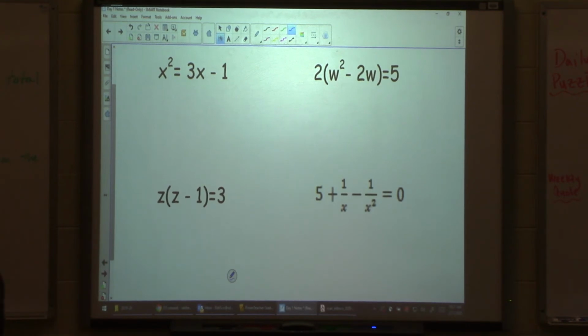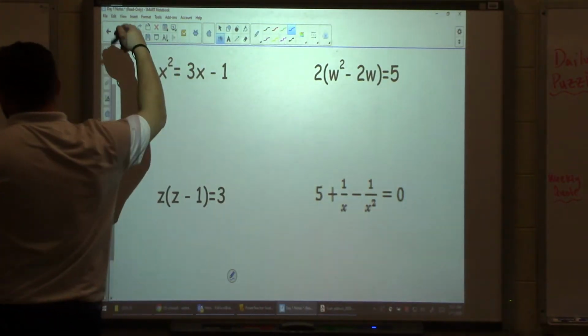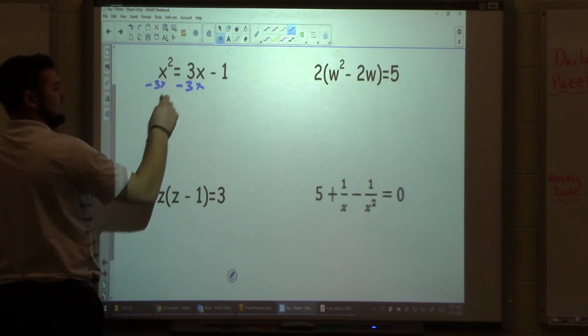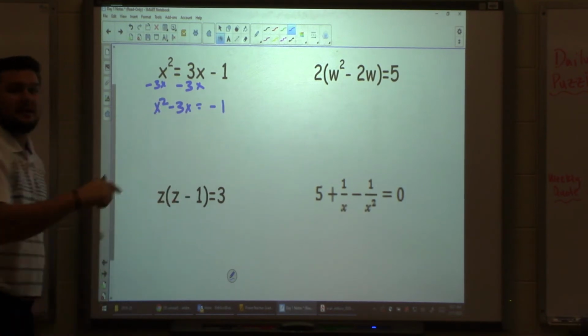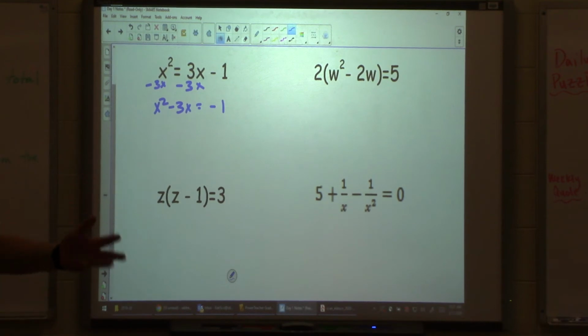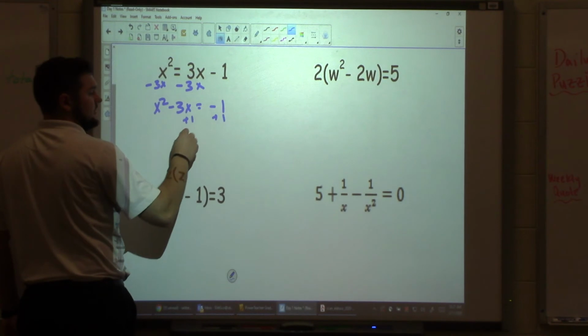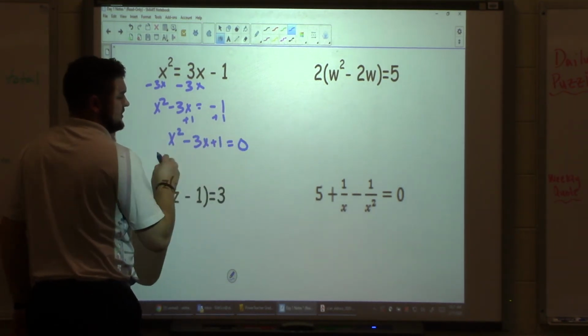We can't just move it, right? So how do I undo positive 3x? Subtract it. x squared minus 3x equals -1. How do I undo the -1? Add 1, good. Now, I get x squared minus 3x plus 1 equals 0.